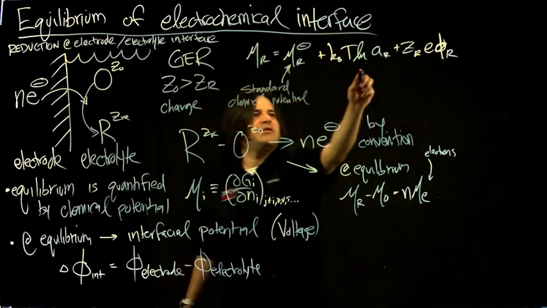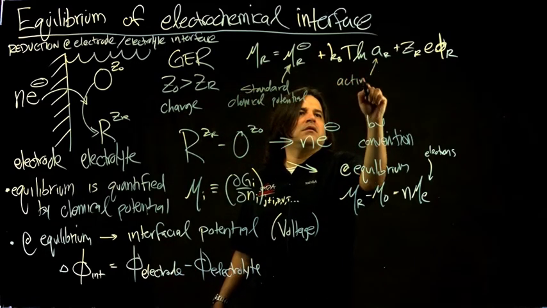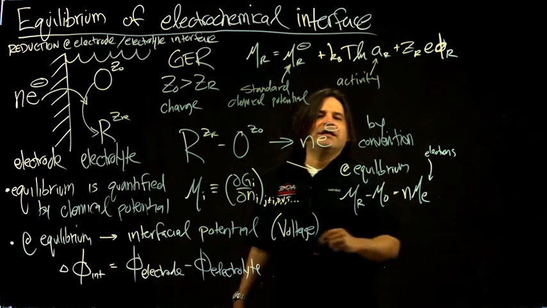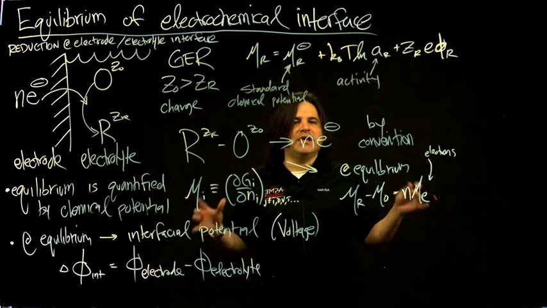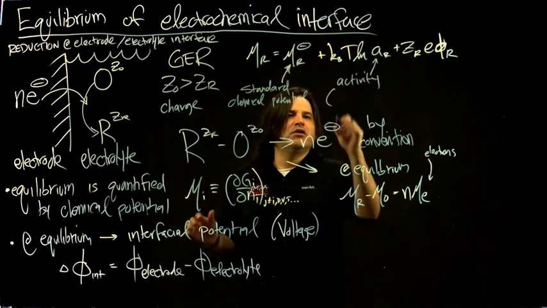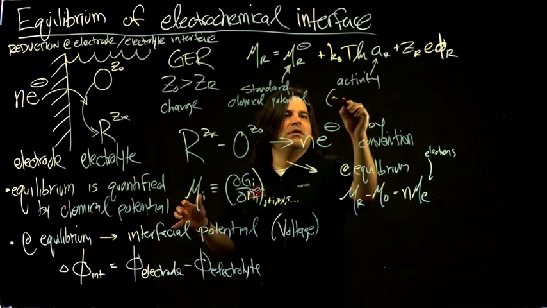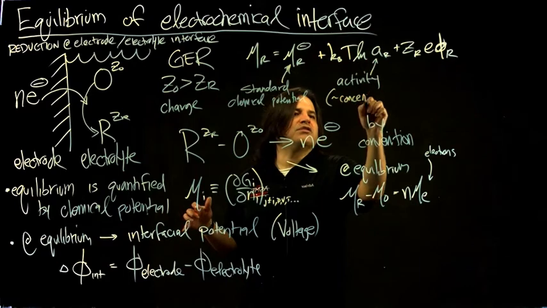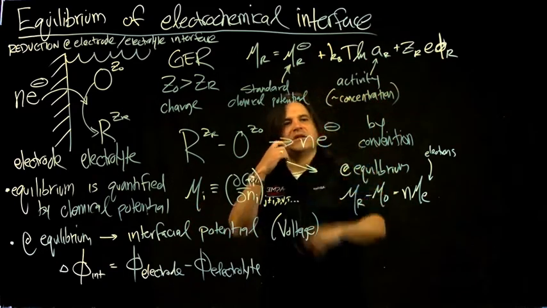Then Boltzmann's constant, temperature. This is called activity, which is related to the concentration with a fudge factor to describe non-ideal behavior. If we ignore the non-ideal behavior, and if it's dilute, you can say that it's ideal. You can basically call it the concentration. In a dilute solution, it's concentration.